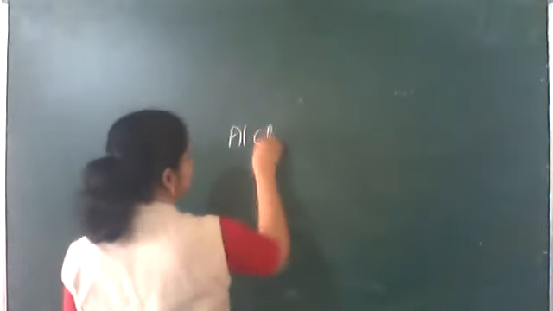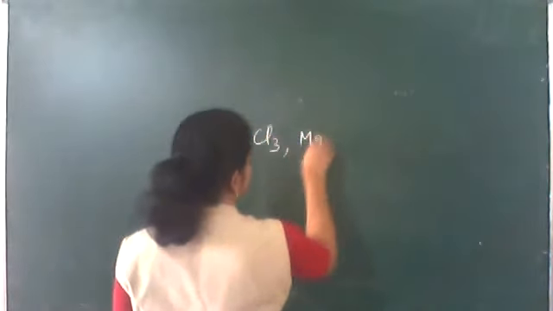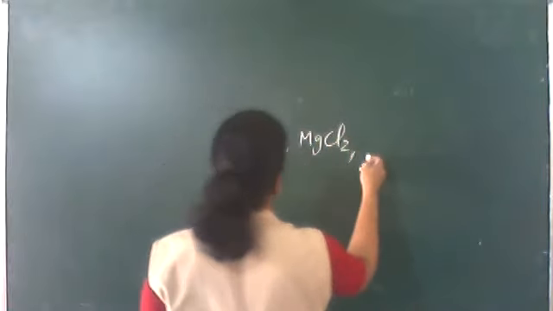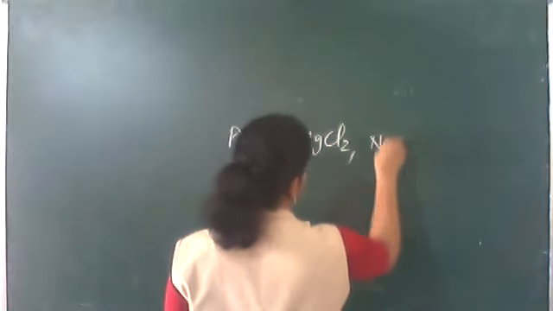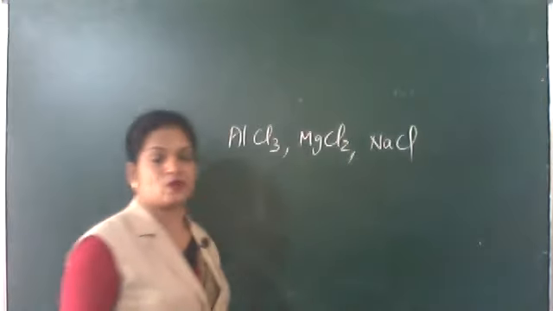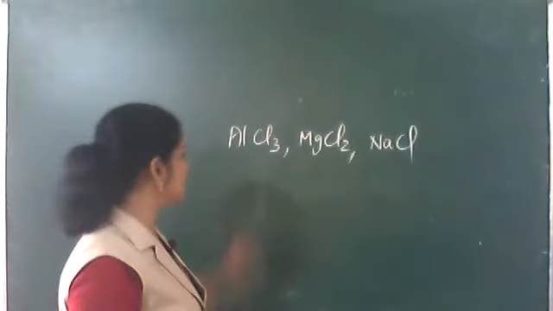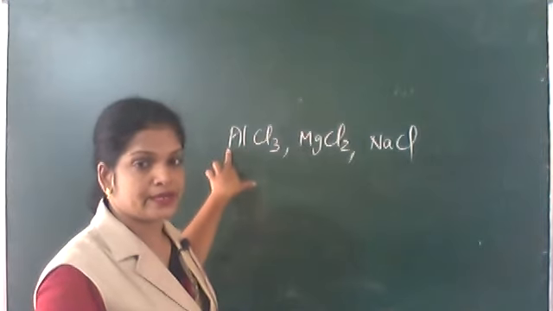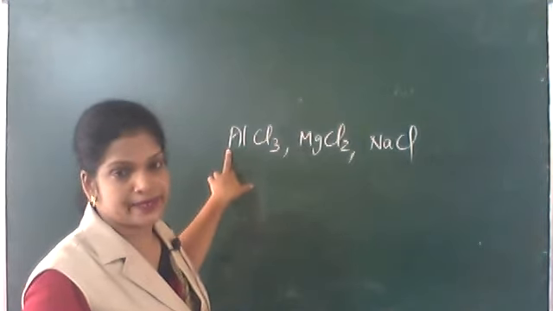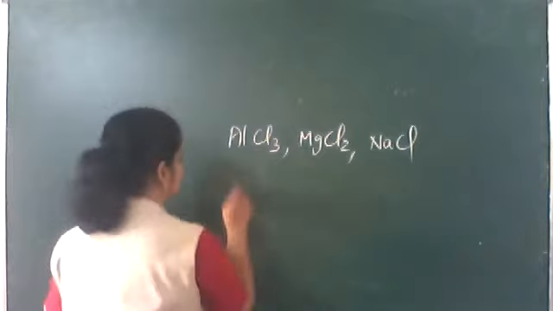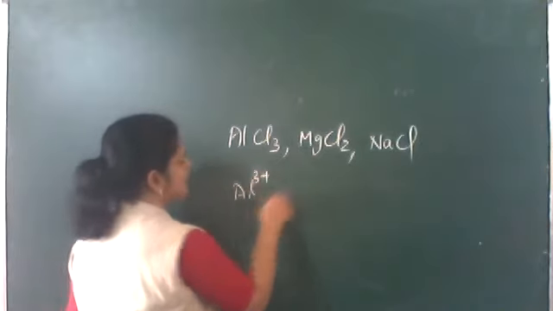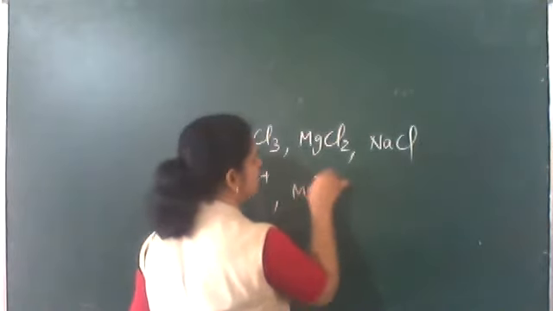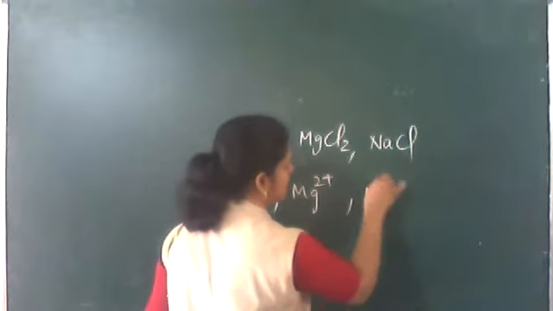Now let's see AlCl3, MgCl2, and NaCl. Which is the best covalent one? We know that Al3 plus has a high charge and a small radius. So here it is Al3 plus, here it is Mg2 plus, and here it is Na plus.